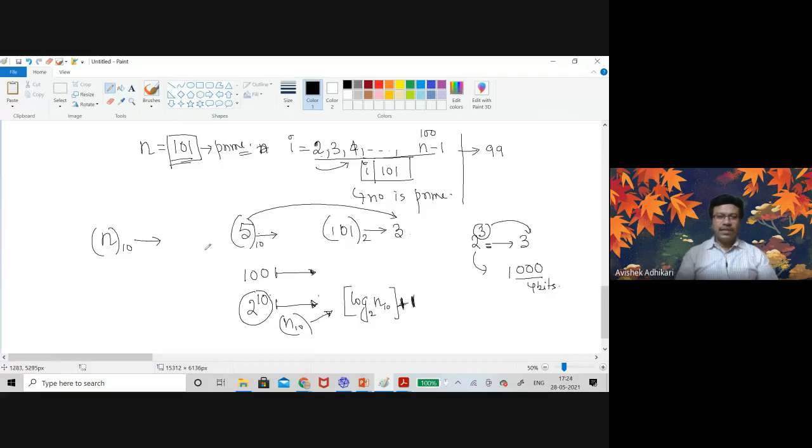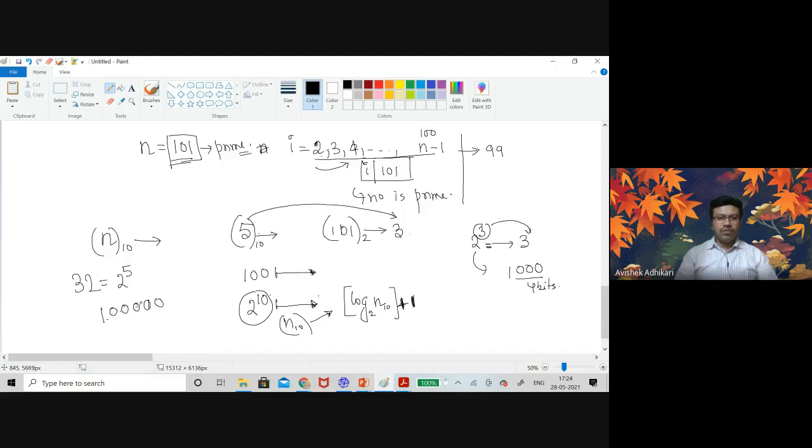You can check it. So say 32. Okay, 32 is how much? 2, 4, 8, 16, 32. 2 to the power 5, right? So you can check that it requires 6 bits. How much? 1, 2, 4, 8, 16, 32.